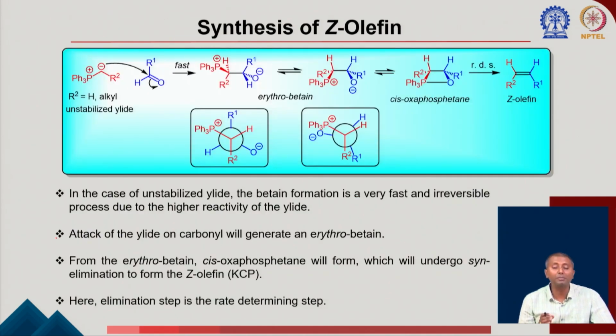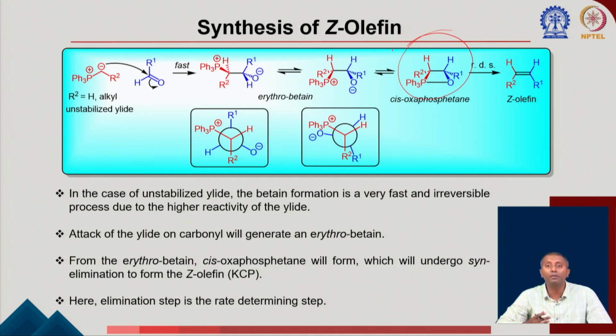Again the difference comes, very similar to the Peterson olefination, from the first step of attack. When the attack is happening, there could be erythro and threo products. So there are two different reversible steps in this reaction. One is the first step, the attack of this nucleophile on this aldehyde or ketone, and the next reversible step is the oxaphosphetane intermediate formation.